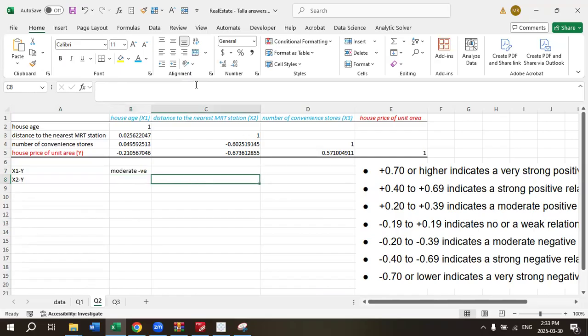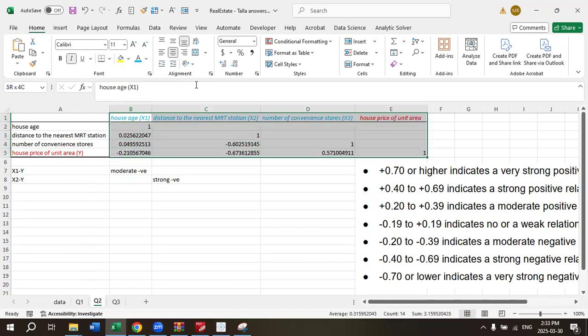I would say that is minus 0.67, so a strong negative relationship. I can put all of them in the center so that you will see a better way of interpreting results.